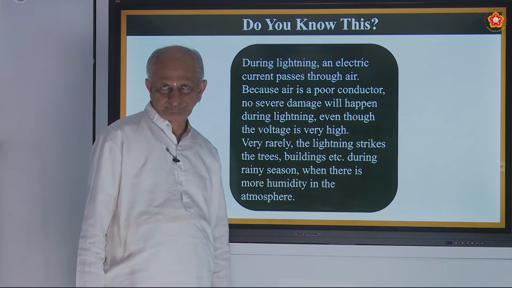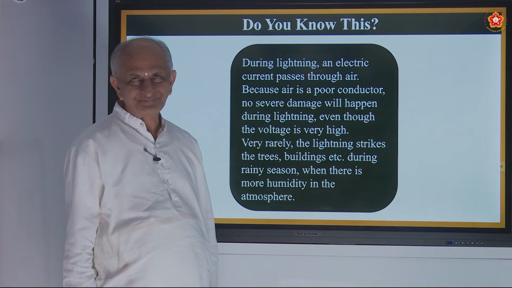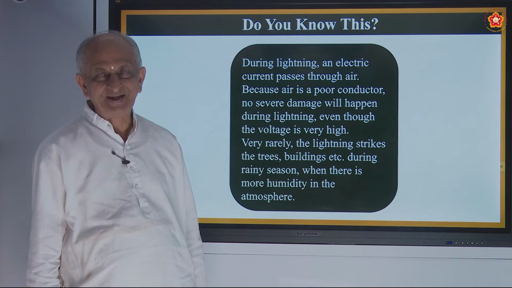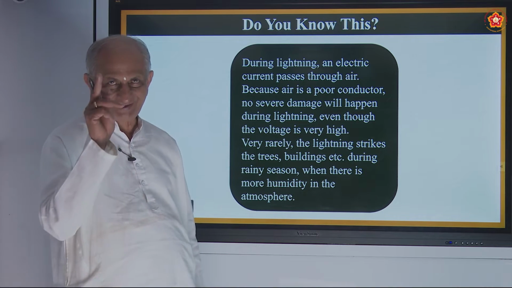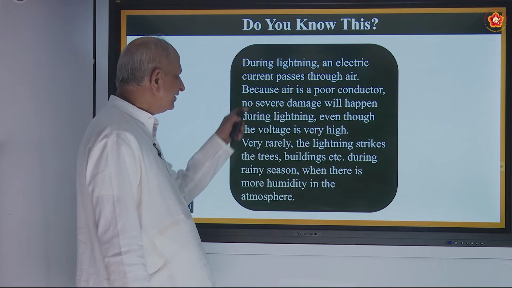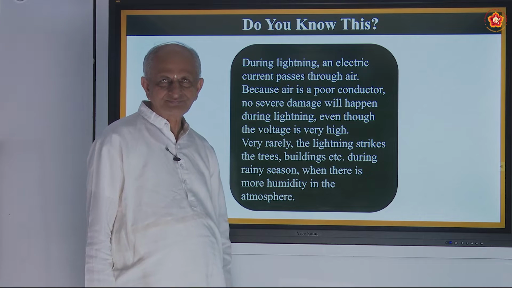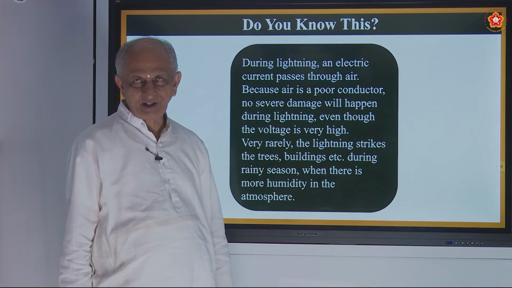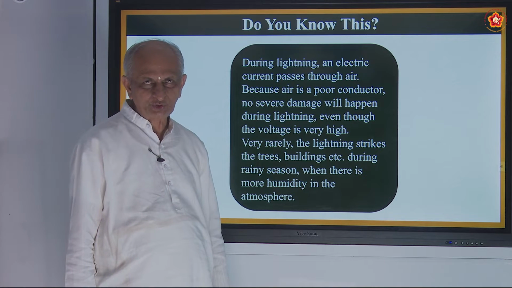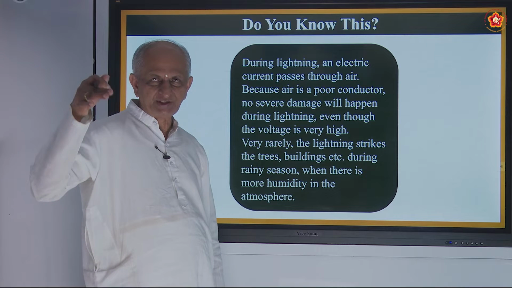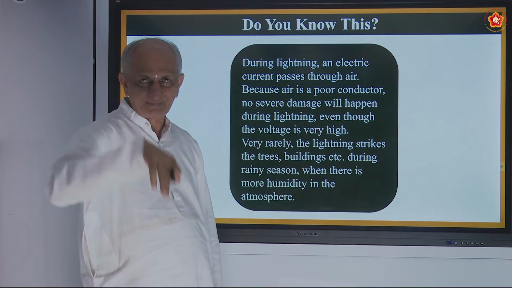Lightning. Have you seen lightning? Which season do you see lightning? Rainy season, correct? During lightning, electric current passes through the air. You might have heard or read in the news that such and such a person died due to lightning.